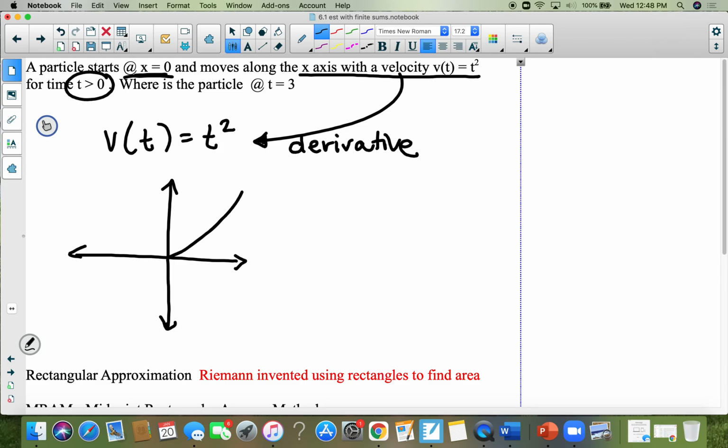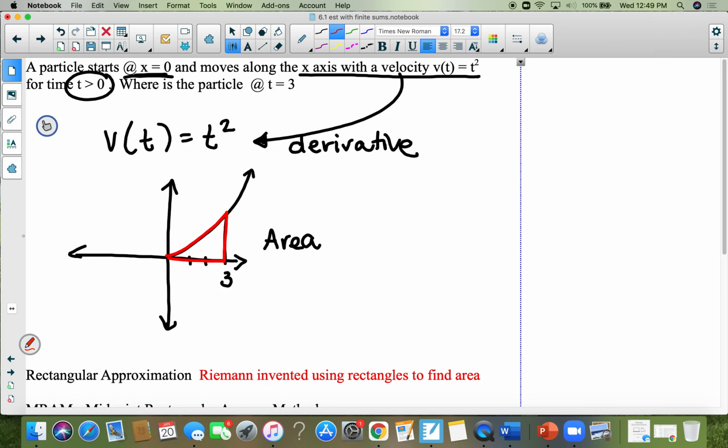They only want this part of the parabola, and we want to go out to 3. You need to draw the line from 3 up to your parabola. And basically what we're going to do is find the area from here to here to here.